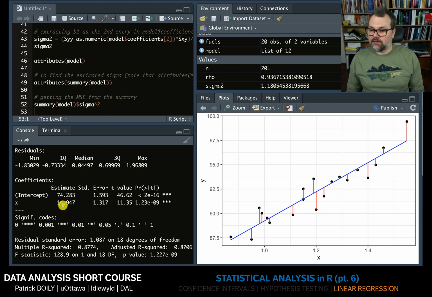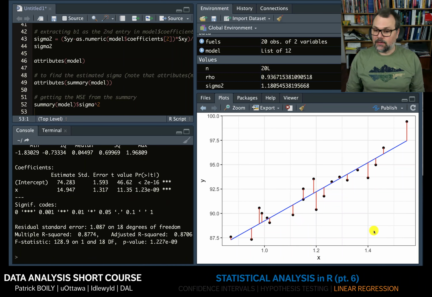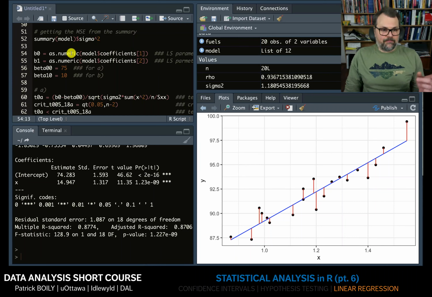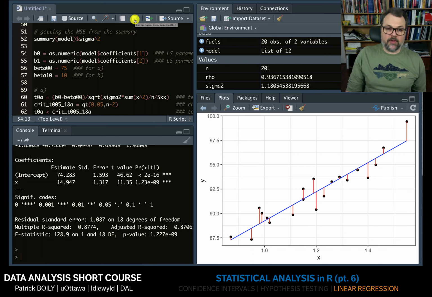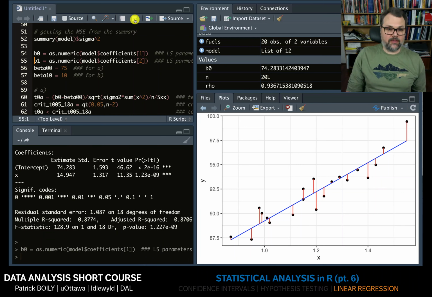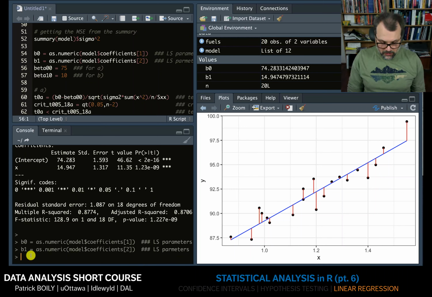If we wanted to test, for instance, whether the intercept was really equal to 75, or if it could be potentially smaller than 75, then we would run a t-test. So let me extract the coefficients B0 and B1, my point estimates. They come from the model themselves. I'm printing these numbers just to double check here.